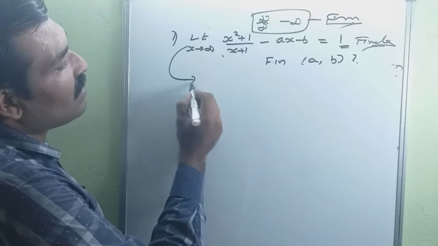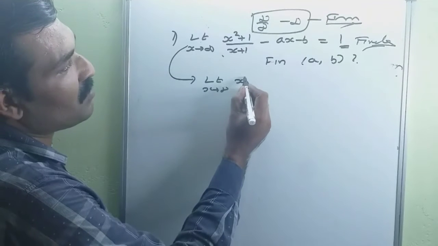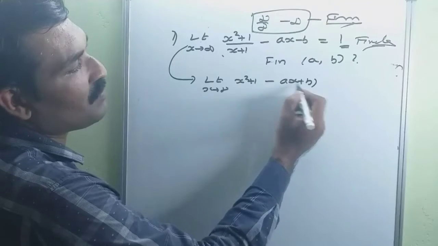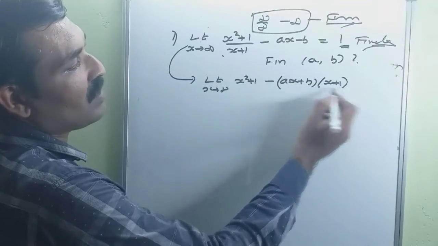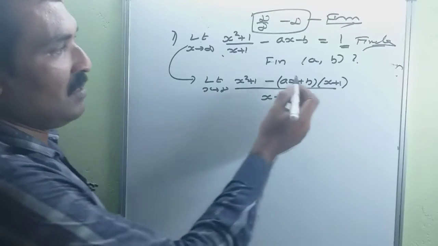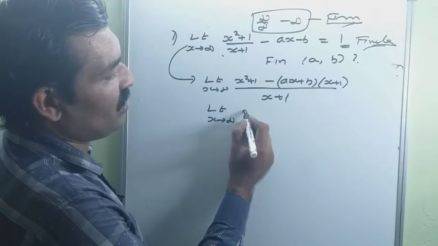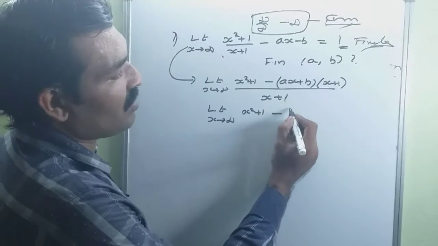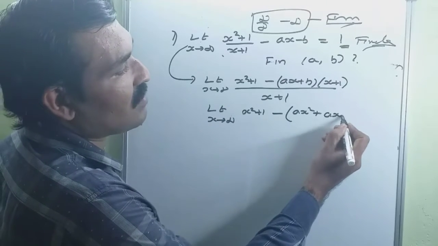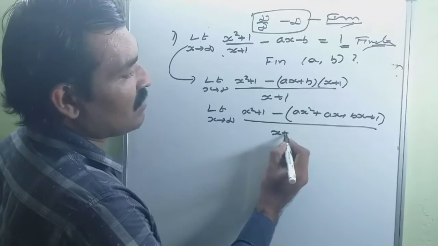So first we can take the LCM. So this becomes x square plus 1 minus ax plus b into x plus 1, the whole divided by x plus 1. Now expand this term. So that becomes limit x tends to infinity x square plus 1 minus ax square plus ax plus bx plus b, the whole divided by x plus 1.